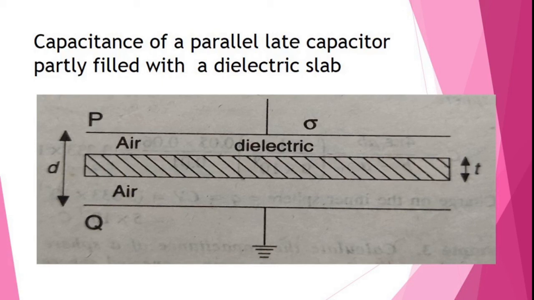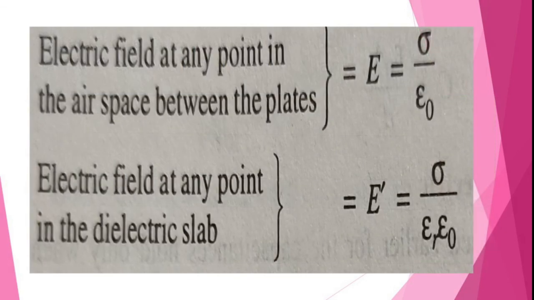So t is the thickness of the dielectric slab and d minus t will be the thickness of the air. Now we are going to find out the capacitance.